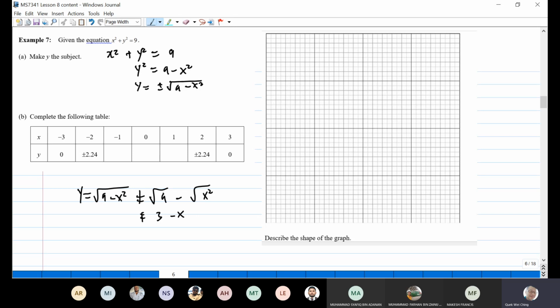Just leave the answer like that, because we use this to make a table. So you try to make y the subject first, but don't oversimplify, because this is not equal to square root of 9 minus square root of x squared. You cannot do this. So then you get, make a table now.